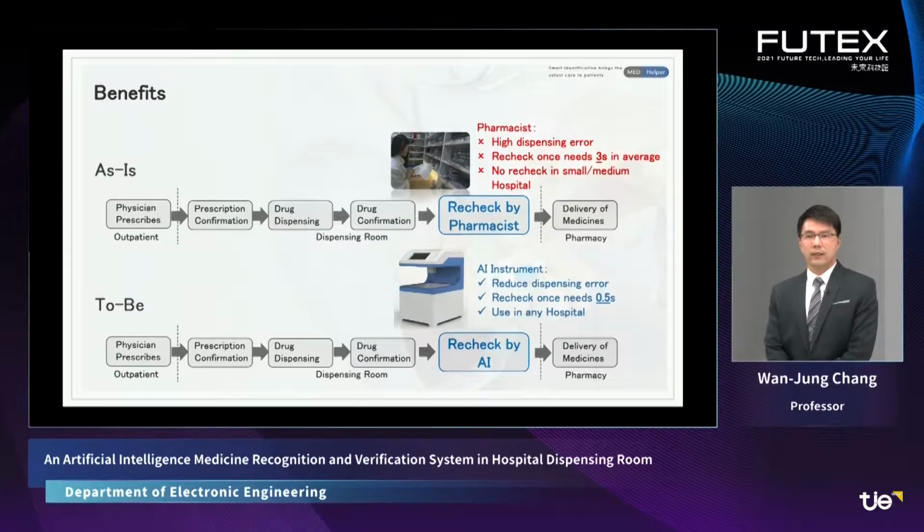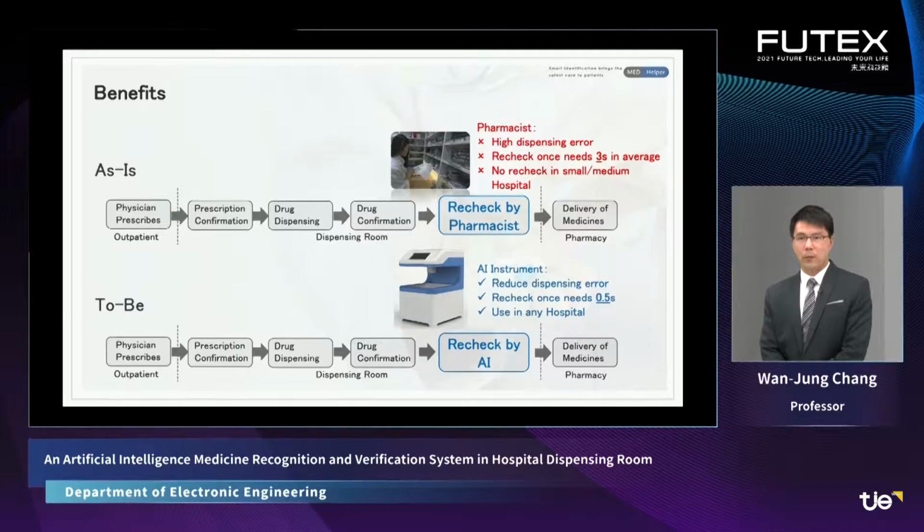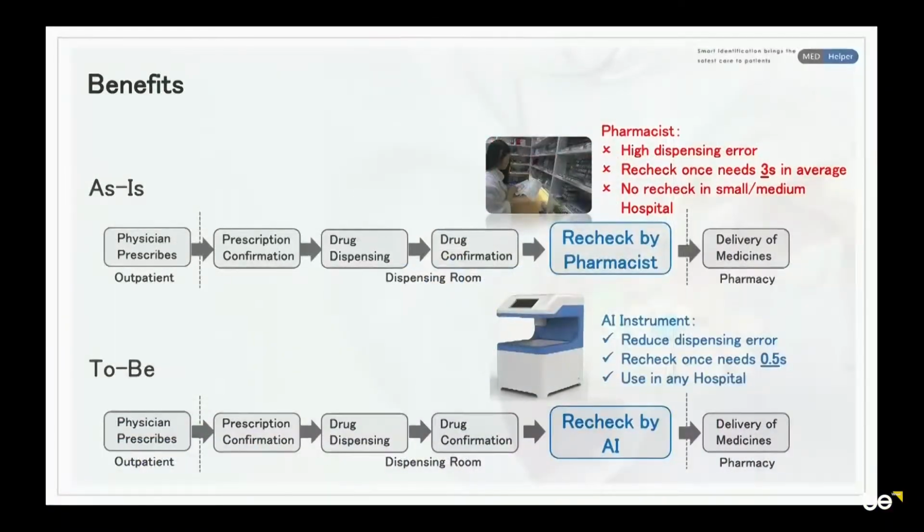And here are the conclusions of our proposal. In the current drug dispensing flow, after the drug dispensing is completed, a confirmation of whether the drug dispensing is wrong will be checked by a pharmacist. This will cause a high dispensing error rate, and the pharmacist needs 3 seconds on average to check the drug one time.